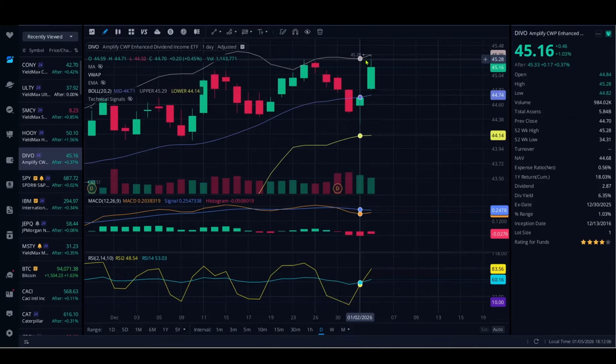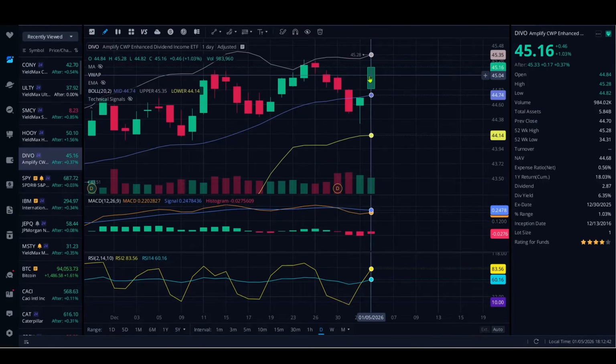Well, we look at DIVO here on the charts, and you can see right there, top of the Bollinger Band, right? We actually are almost at the top, right? But we are definitely on the top half of that Bollinger Band. So already that's a hold for me. But then if you look at that RSI 2, it's at 83. So that again is not meeting the criteria for DIVO. So for that one, it's a hold for me.